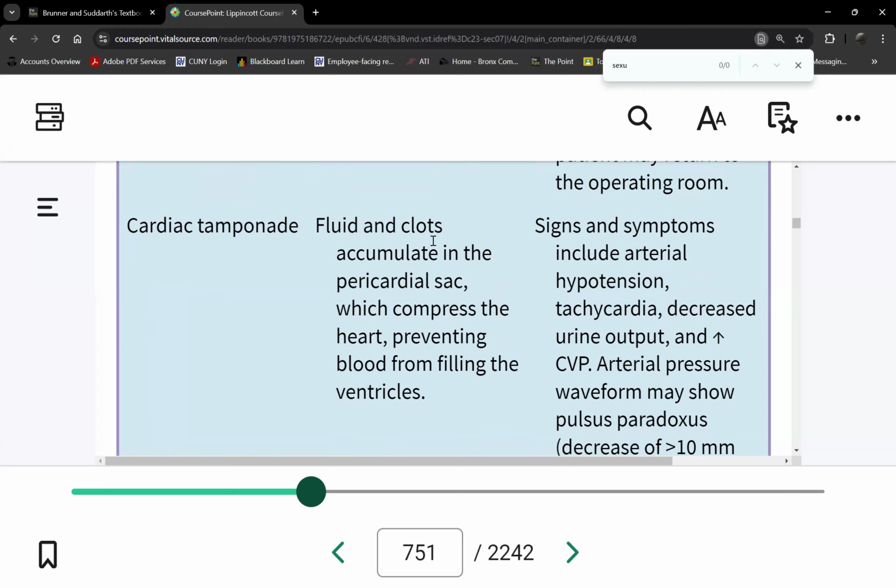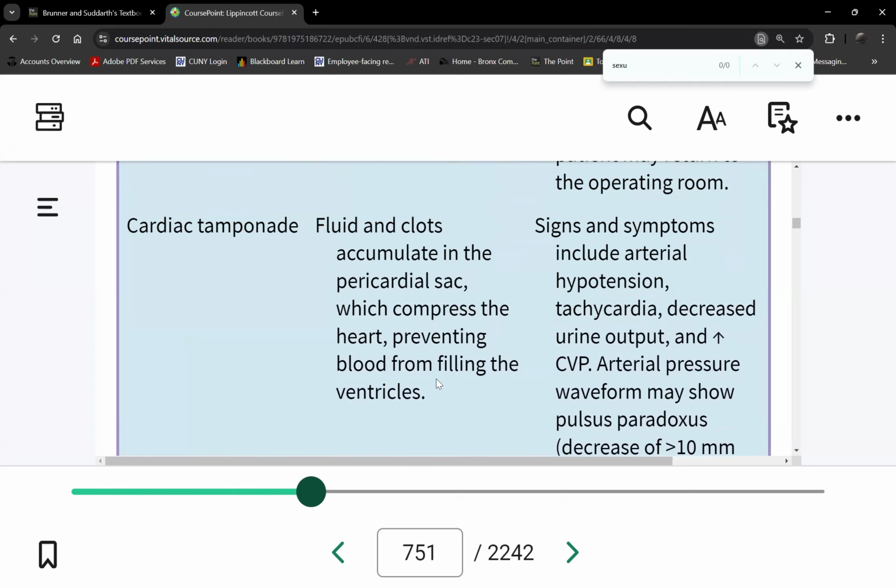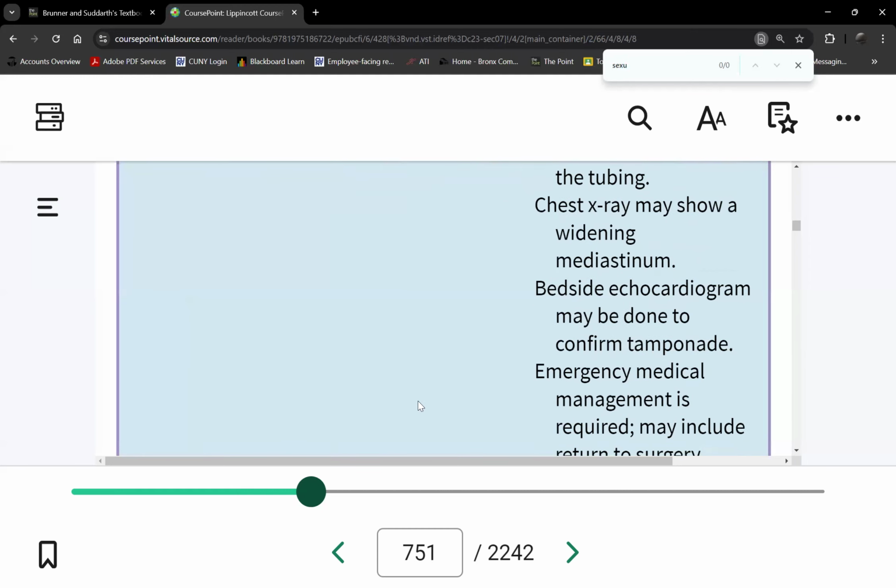Fluid and clots accumulate in the pericardium and compress the heart. What are the 3 signs again of cardiac tamponade? Beck's triad. What was that? Muffled heart sounds, hypotension, and distended neck veins. Very good, children.